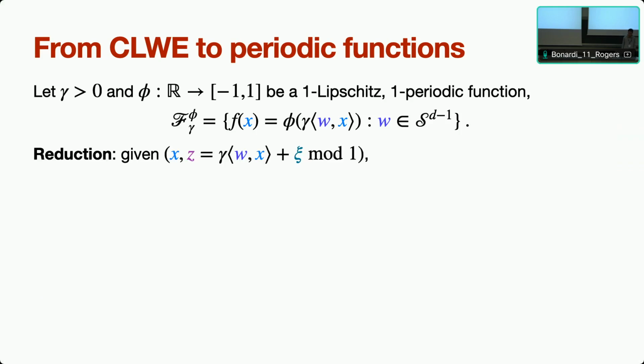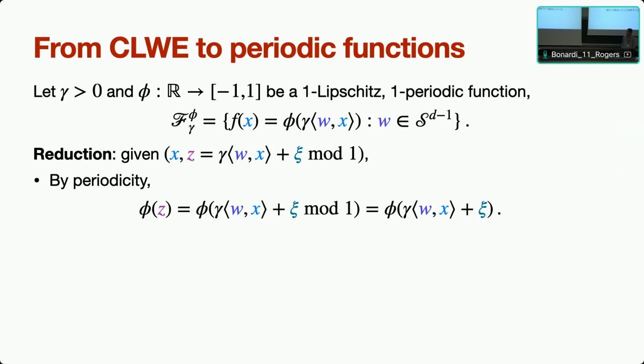So the reduction we want is: if you are given samples from CLWE, say you have the structured distribution, x and z pair, then you want to use a learner for learning periodic functions to solve this CLWE problem. First of all, by periodicity, if you apply this phi on z, then this mod 1 actually doesn't matter, because we said that phi is a periodic function.